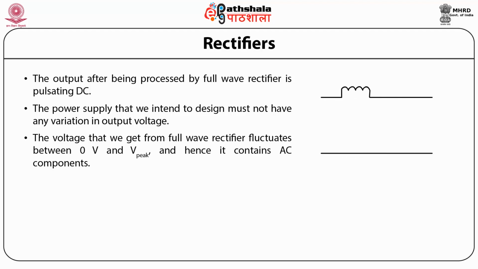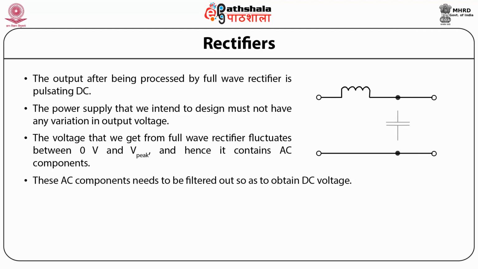The voltage that we get from the full wave rectifier fluctuates between 0 volts and V peak, and hence it contains AC components. These AC components need to be filtered out so as to obtain DC voltage. This is where filters come into the picture.